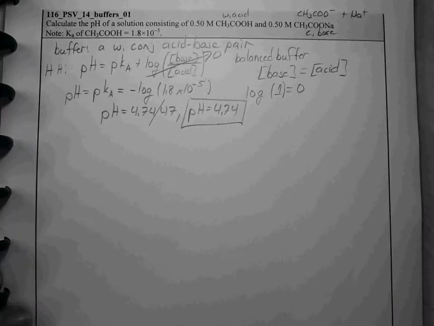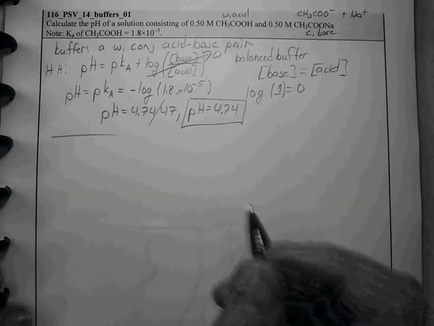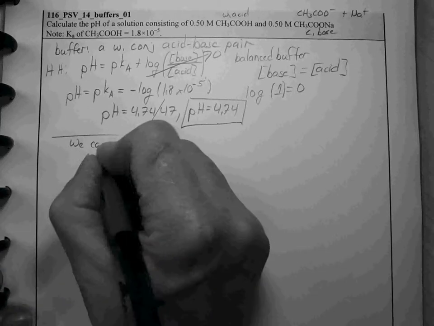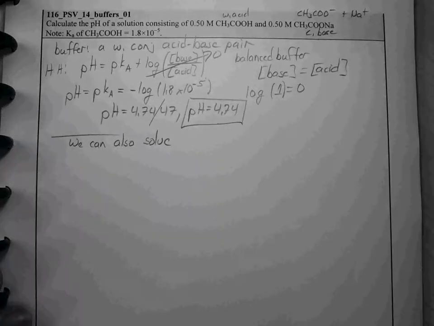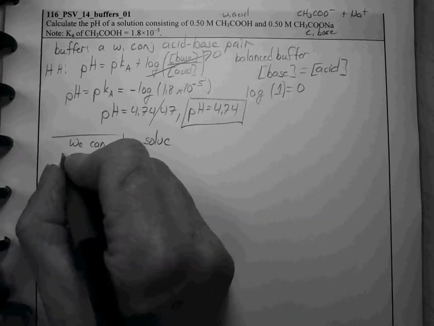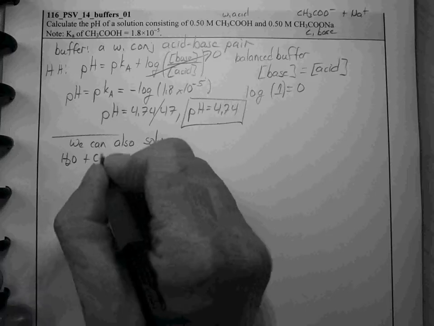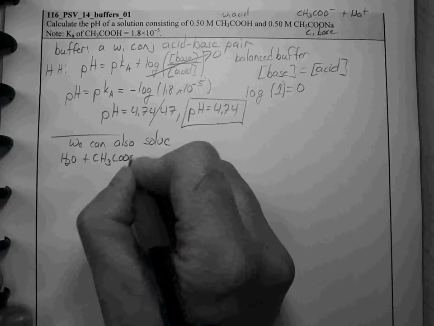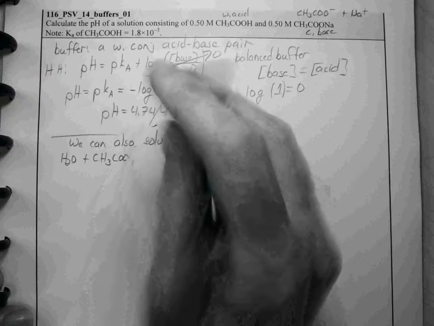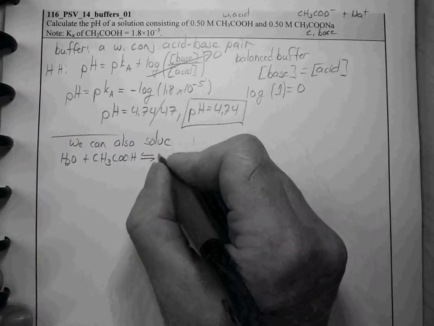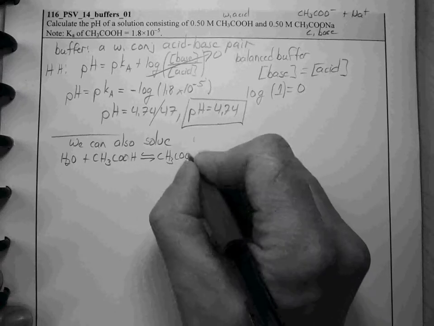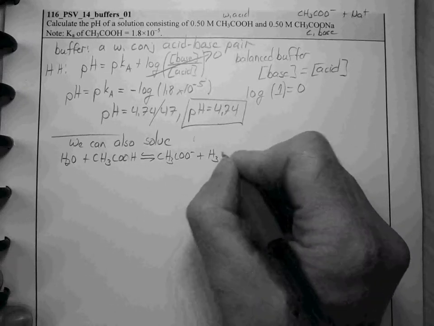Okay, now we could also solve this problem longhand, if we didn't recognize that this was a buffer, or we simply wanted to practice our equilibrium problems. Okay, we'd start with water reacting with our weak acid, and we know that it's going to be in equilibrium with the conjugate base and our hydronium ion.